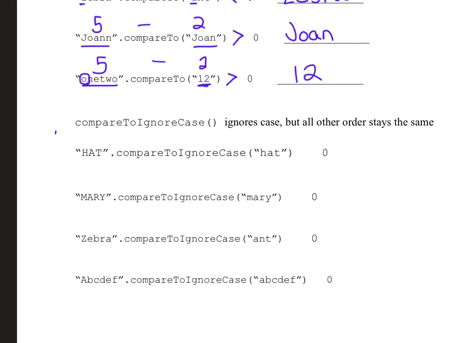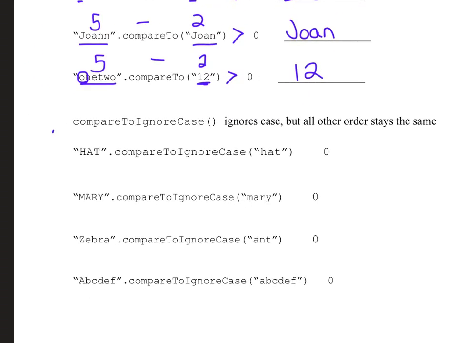Now what ignore case does is eliminate the uppercase-lowercase bit, and it makes it so that zebra and ant will be correct. So if you look at hat and hat, normally this one comes before this one. However, since we put the ignore case on there, that makes it so that these would be equal to 0.